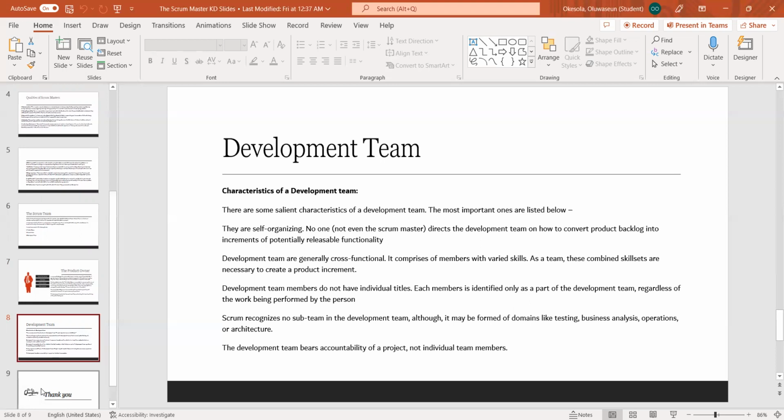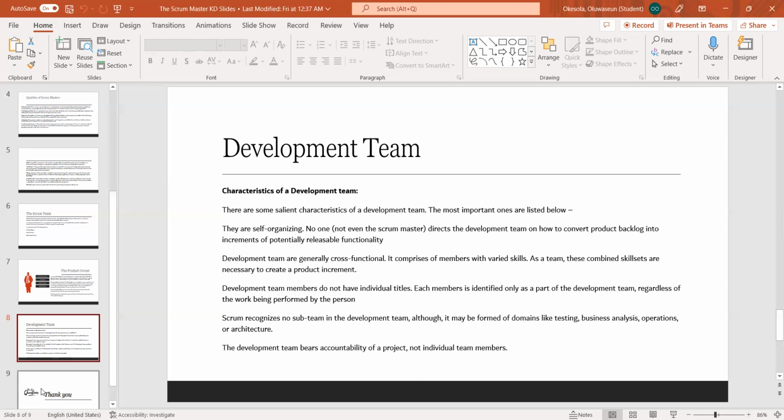Development teams are generally cross-functional, right? So it comprises members with varied skills. You are looking at the software engineer, the solution architect, the product designer, the testers, the data engineer, virtually everyone within the tech team, right?